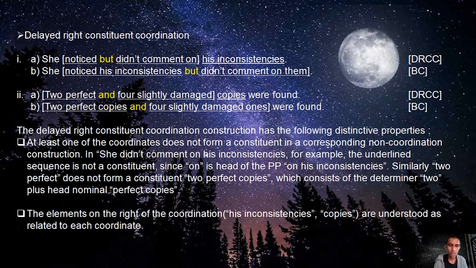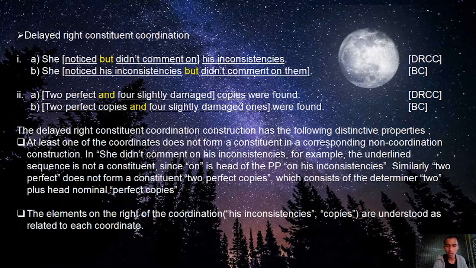Similarly, "to perfect" does not form a constituent in "to perfect copies", which consists of the determiner "to" plus the head nominal "perfect copies". The second property is the elements on the right of the coordination, his inconsistencies, copies, are understood as related to each coordinate.